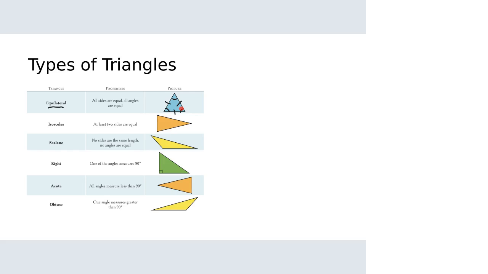Does anybody remember what the sum of the angles of a triangle would be? If you add up the three angles in a triangle, does anybody remember what those add up to? You don't have to.